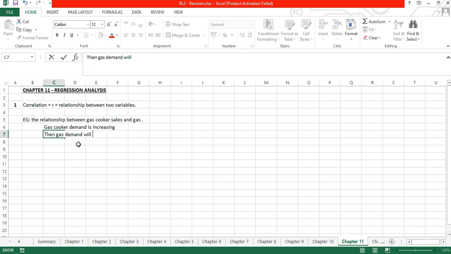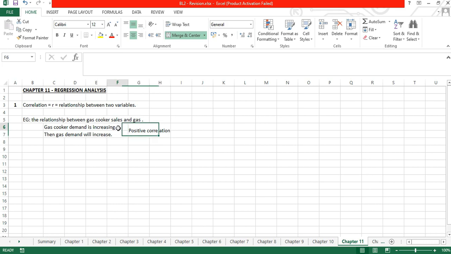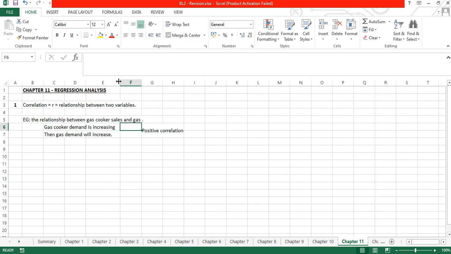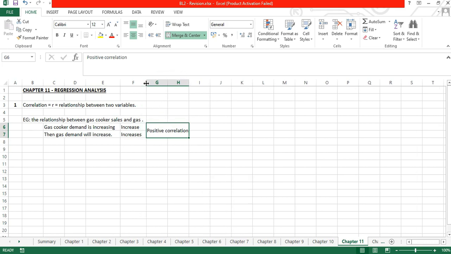So the demand for gas will also increase. Now, if both are increasing, this situation is called a positive correlation. That means both are going up. When this increases, this also increases. That type of relationship is known as a positive correlation.